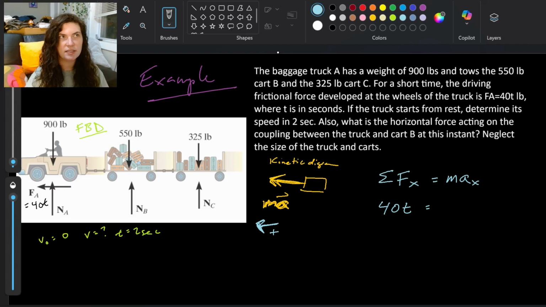So my mass, remember again for US units, which is what we're working in because we have pounds, we're going to take the weight and divide it by gravity. So the weight, I need to include all of the weights, right? Everything in this chain is being propelled forward. That's going to be my 900 plus the 550 plus 325 all over gravity, 32.2.